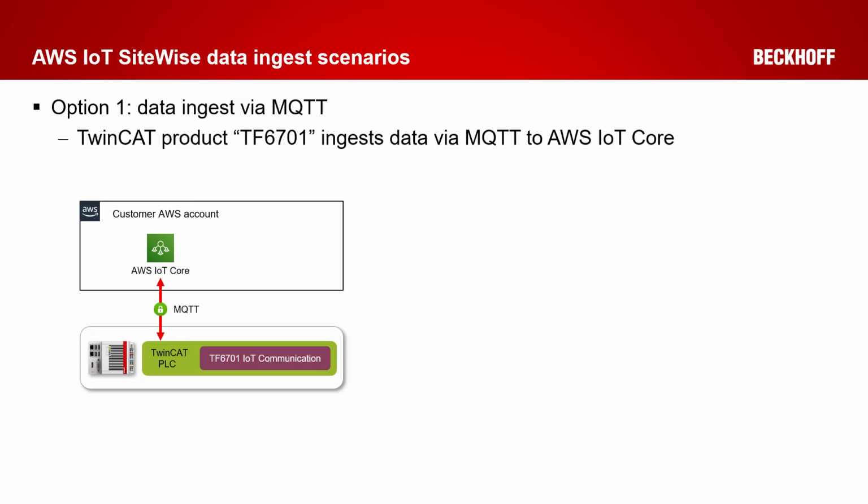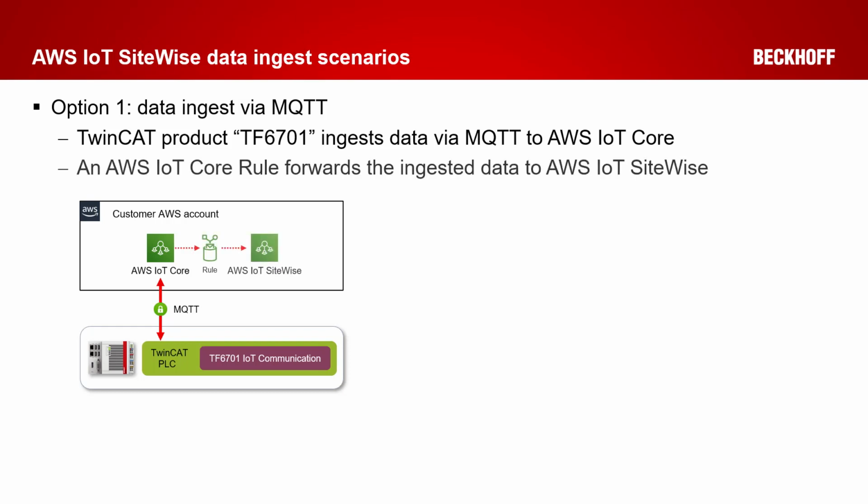So for this kind of connection, we can use one of our TwinCAT IoT products, which is called TF6701, which is an MQTT driver for the real-time, and which can then establish a secure MQTT connection directly to that cloud service. On AWS IoT Core, you can configure a so-called IoT rule, which will then forward the incoming data streams to AWS IoT SiteWise.